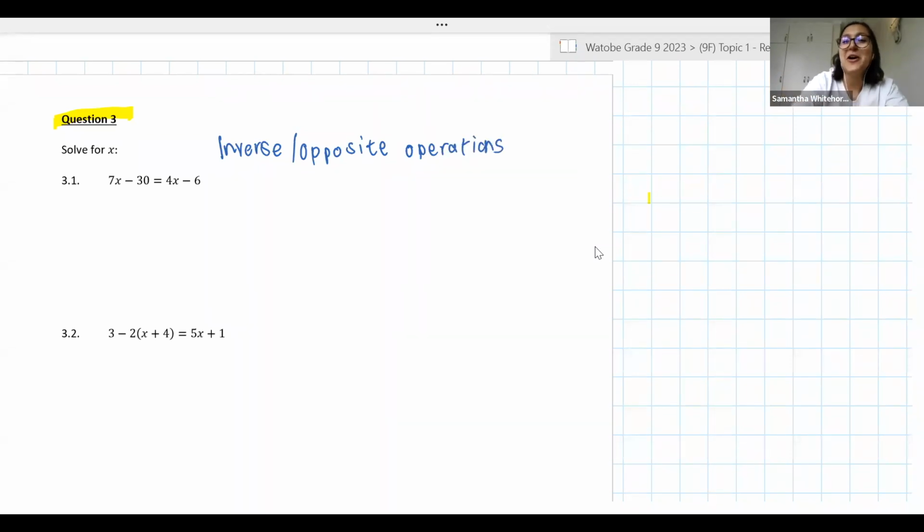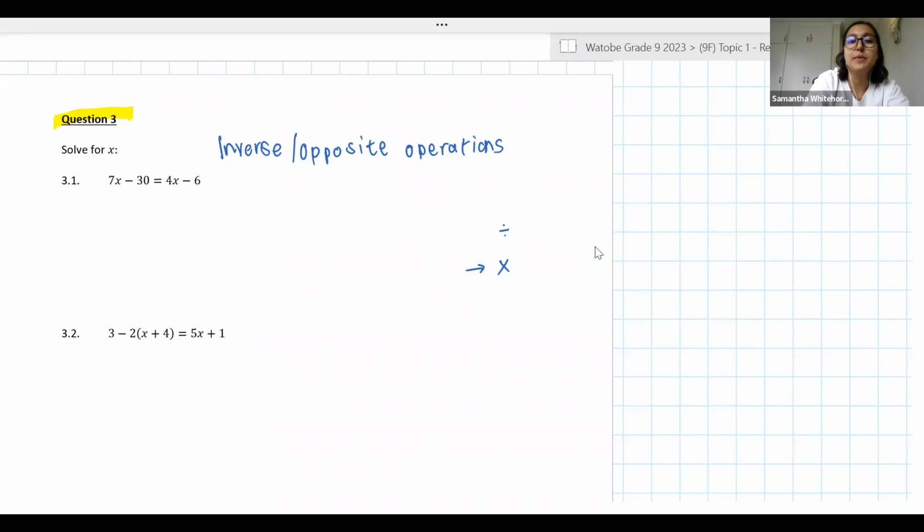We are going to use the opposite operation to what was originally in the equation in order to solve our equation. So if we originally had a plus, we're now going to subtract. And the same would be if we originally had a subtraction, we're now going to do addition. The same applies for multiplication and division. So that is essentially inverse operations. We need to do the opposite of what we originally had.